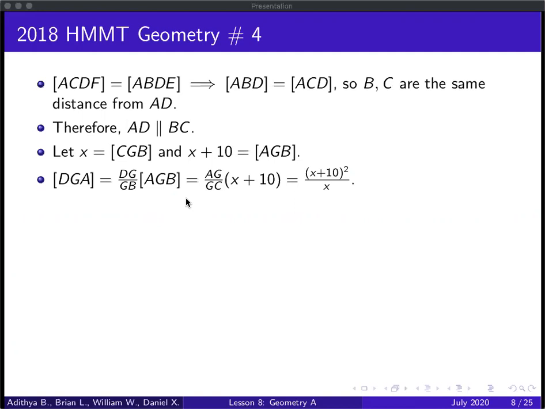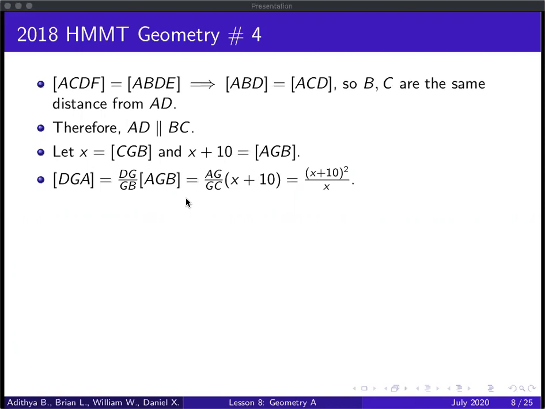Right, so what this means is that DGA and BGC are similar, right? So that means that DG to GB is going to equal AG to GC. But what do we know about AG to GC? AG to GC is actually the ratio of the bases of the two triangles that we already know, AGB and CGB.